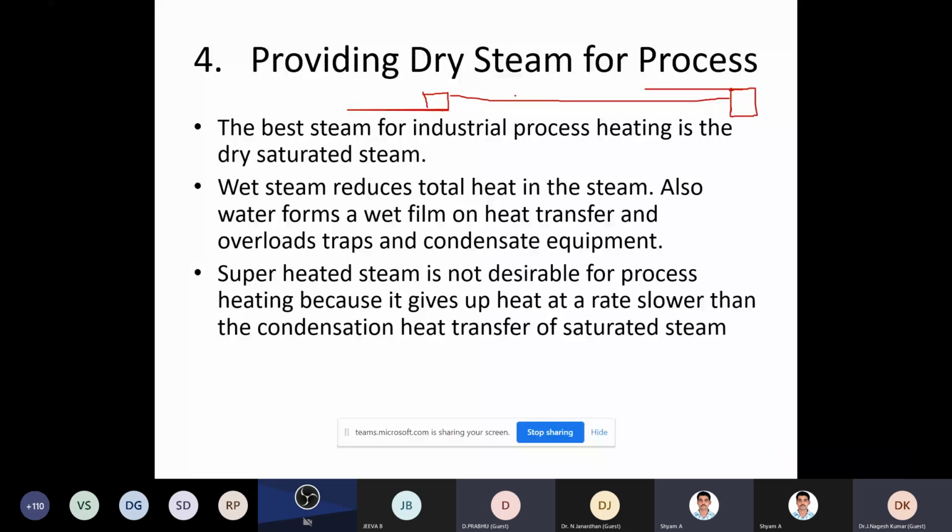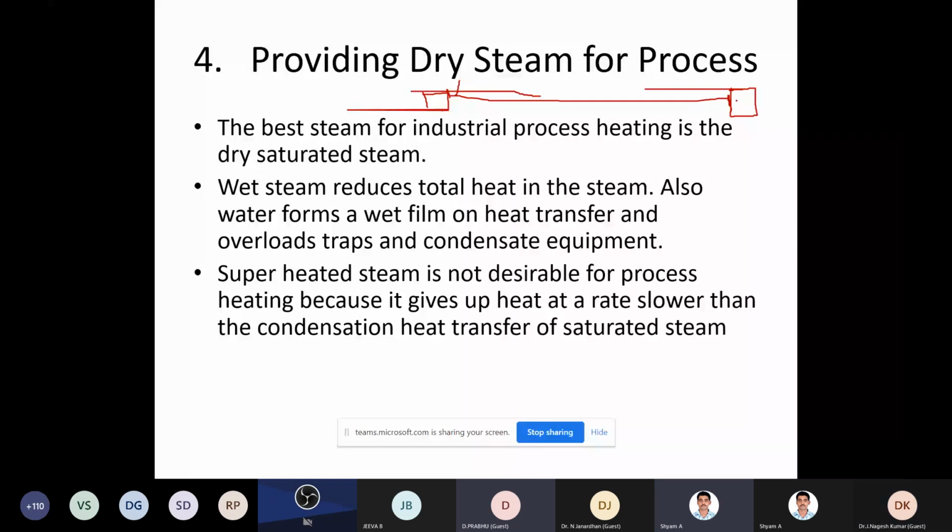So here it may be saturated at the boiler end. But gradually as it goes, at this point it becomes wet because of the condensation and loss to the environment. So what some of the industries do is they slightly give a superheat to the boiler, maybe 10 degrees or 20 degrees superheat. So by the time it reaches the end point, it becomes saturated.